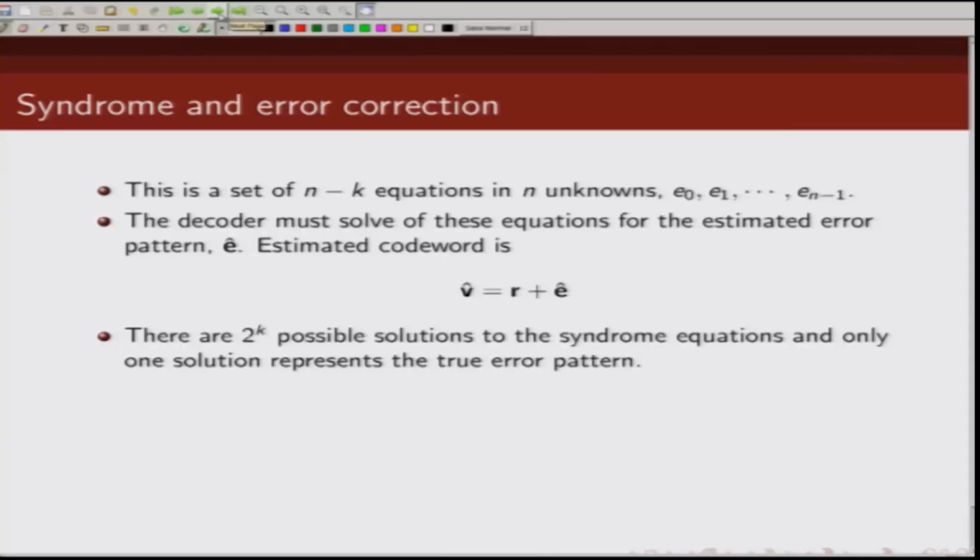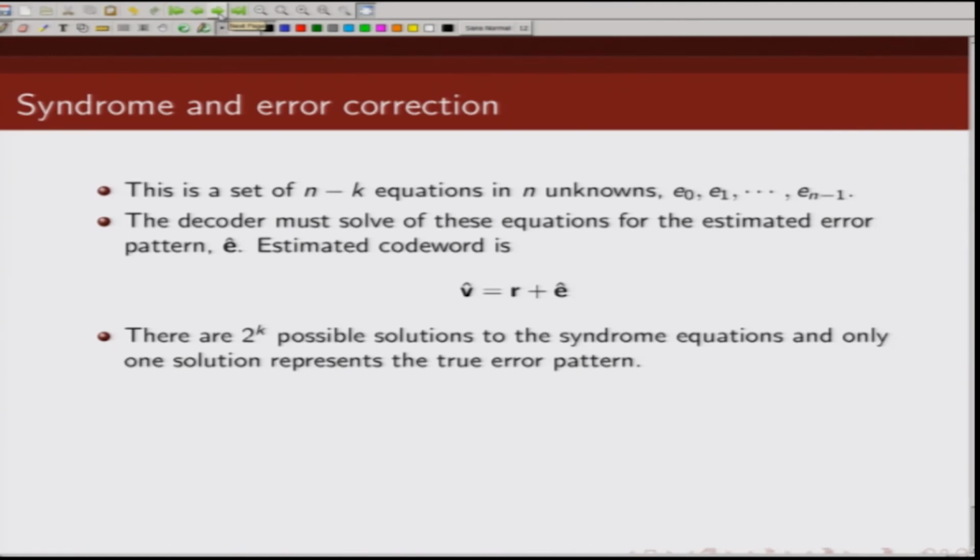As we can see from here, because we have n minus k equations and n unknowns, we have a total of 2 to the power k solutions of these n minus k equations.